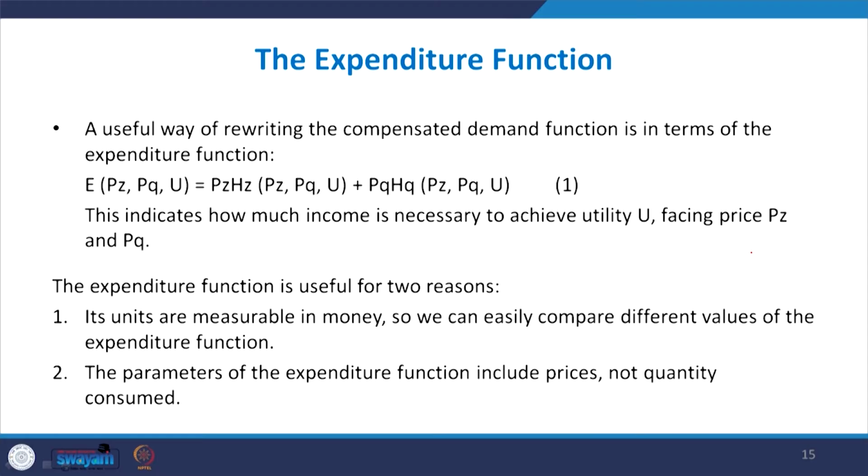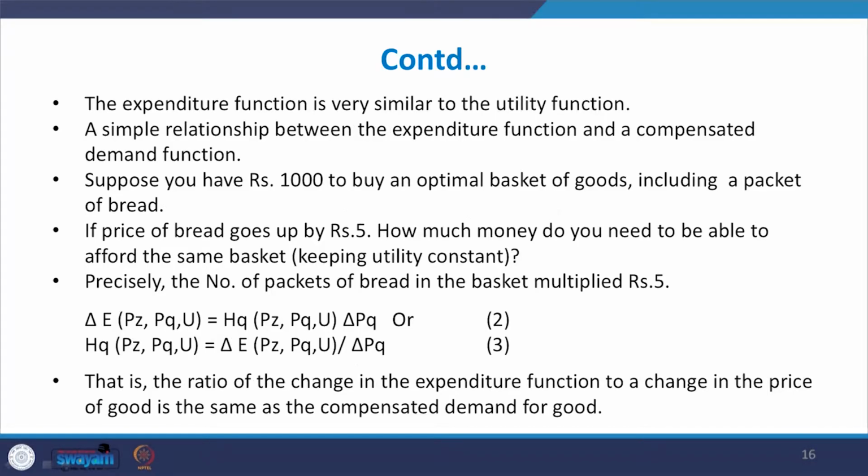Second, the parameters of the expenditure function include prices, not the quantities. Also, this expenditure function is very similar to the utility function. If you have a given level of utility, then you can know how much money is required to achieve that given level of utility.